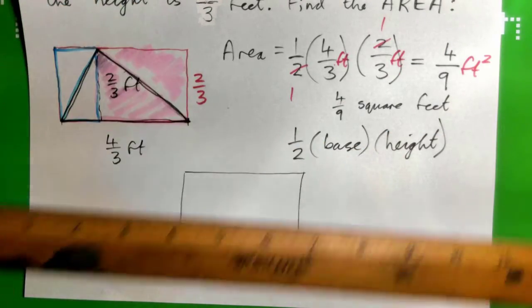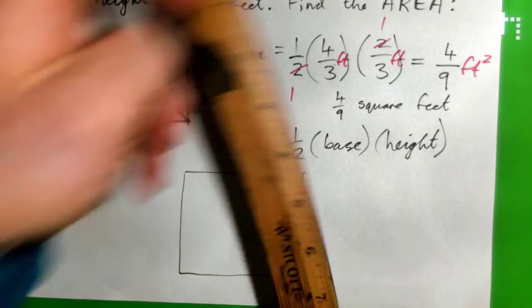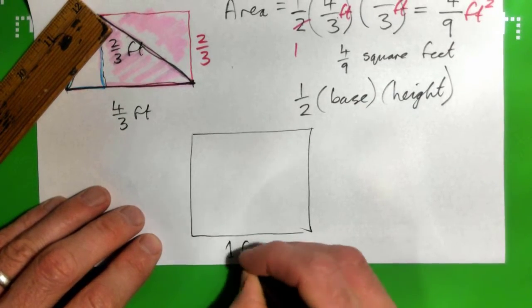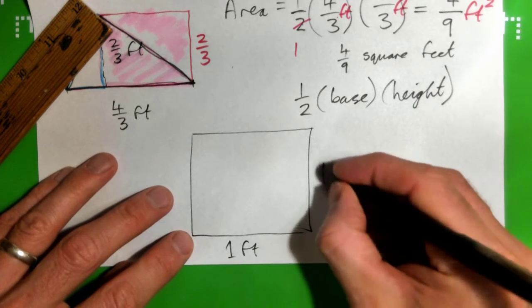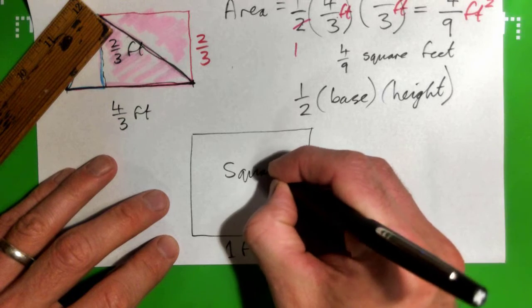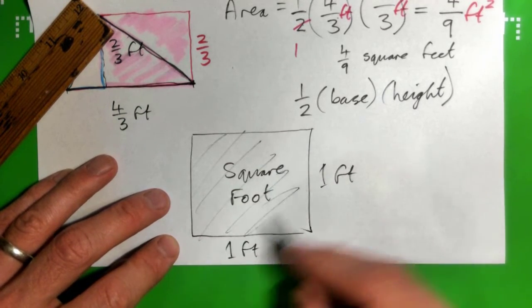I'm not drawing an actual square foot, which is 12 inches times 12 inches. I'm just representing it like this. It's a square that's 1 foot by 1 foot. That's a square foot. And that's how we measure area in squares, like how many squares.